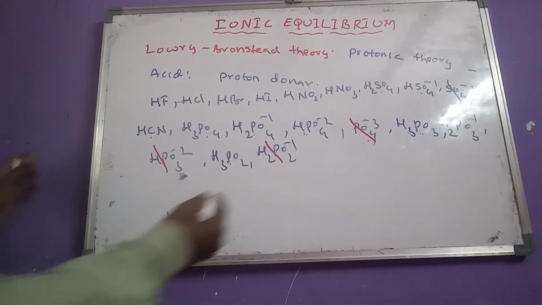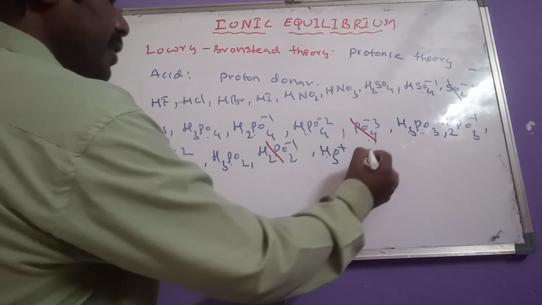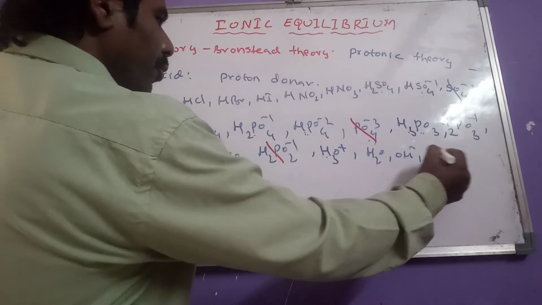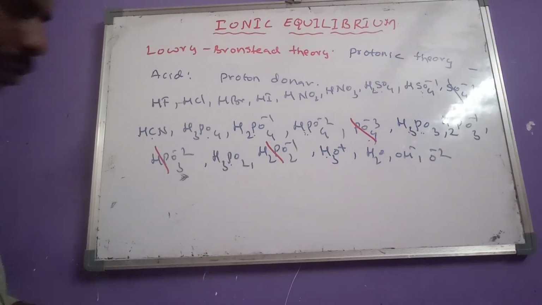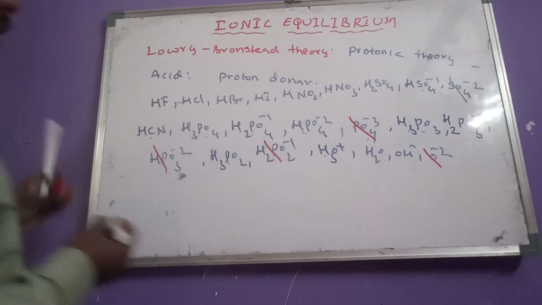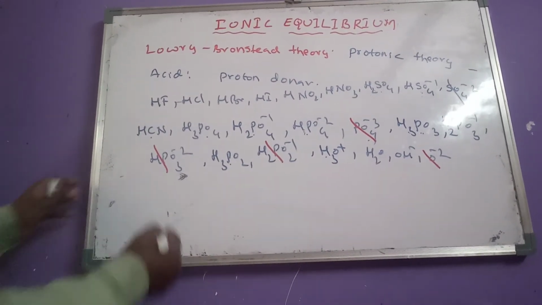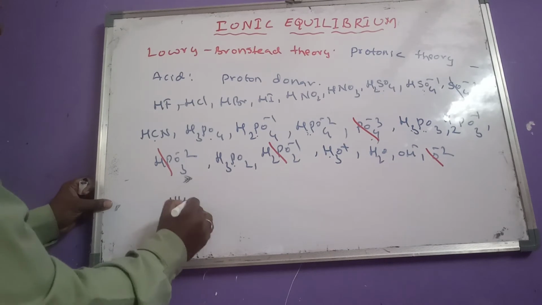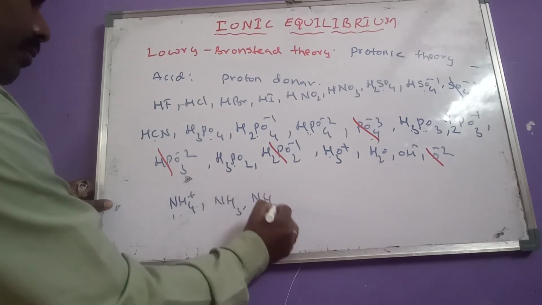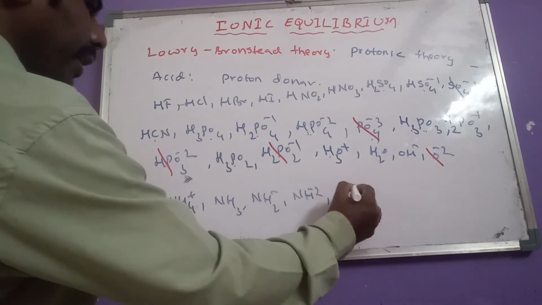Another example, H3O plus: by donating one H plus, it gives H2O, then OH minus, then O minus 2. But O minus 2 does not act as an acid because no H plus is present. Then NH4 plus, NH3, NH2 minus, NH minus 2, N minus 3.